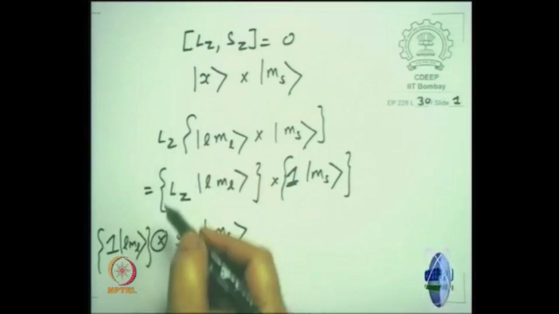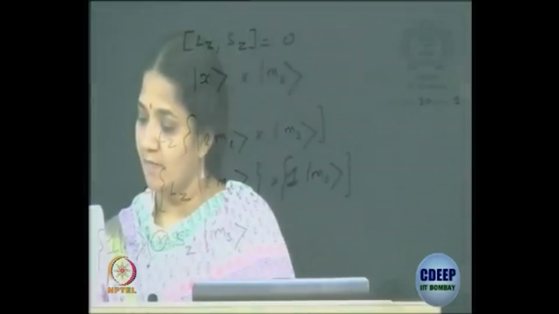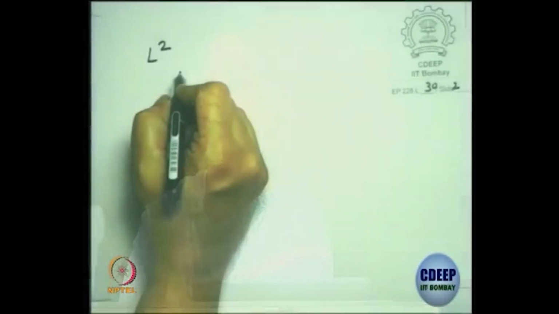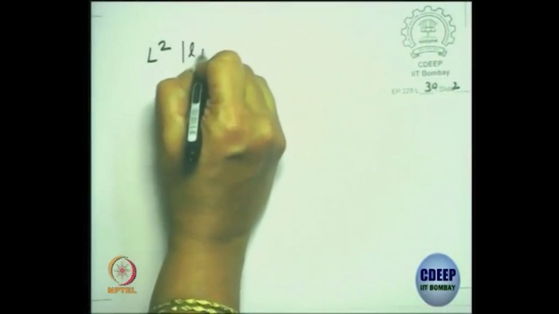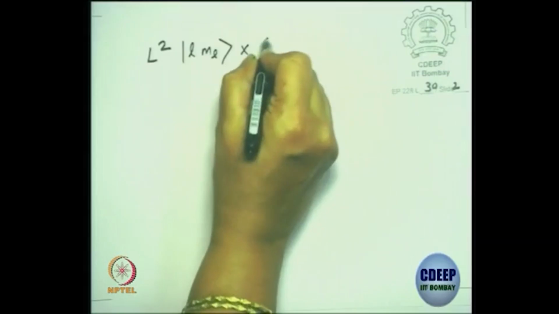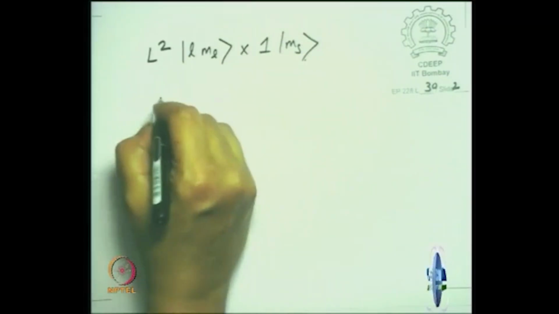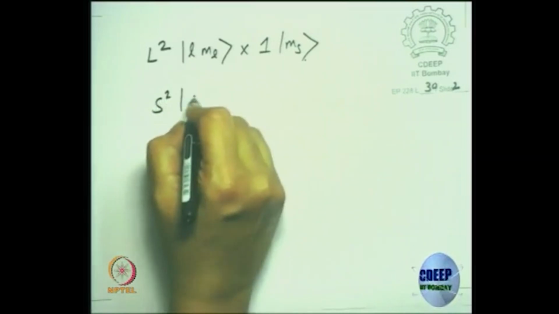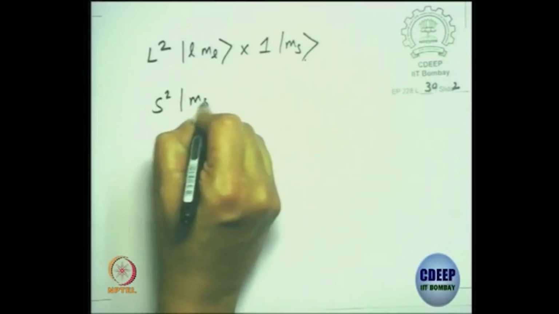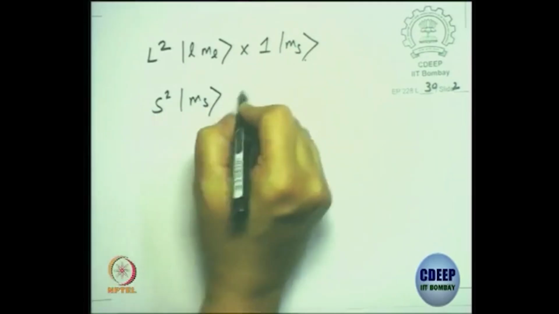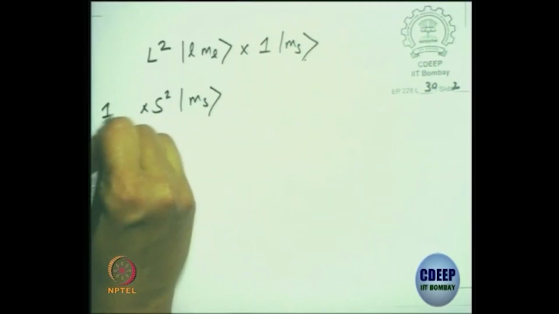So, the same holds for L squared also. L squared will operate on LML and identity on MS state, and similarly S squared will operate on MS state and identity on the LML.